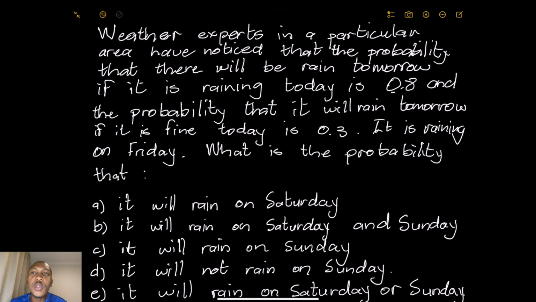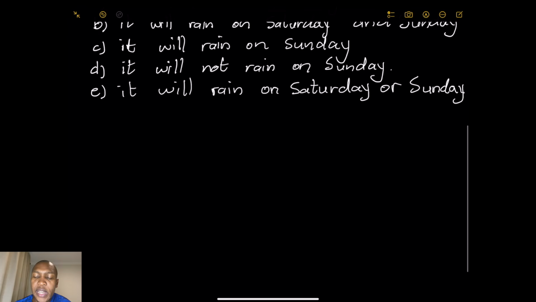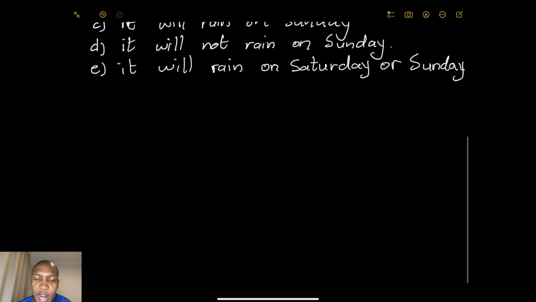Now, what I want us to do is to draw, first of all, a tree diagram outlining this very scenario. We're going to start on the Friday. We'll come back to the question. Let's call R the possibility of it raining.